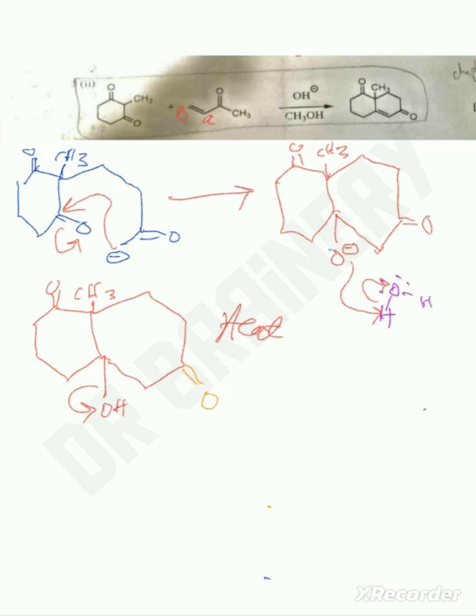Let me just, so here I have removed heat, then this one has moved, so it will be something like this. Then here CH3, then here like this one. So that's the one that I've formed now. That is the product that I have formed.